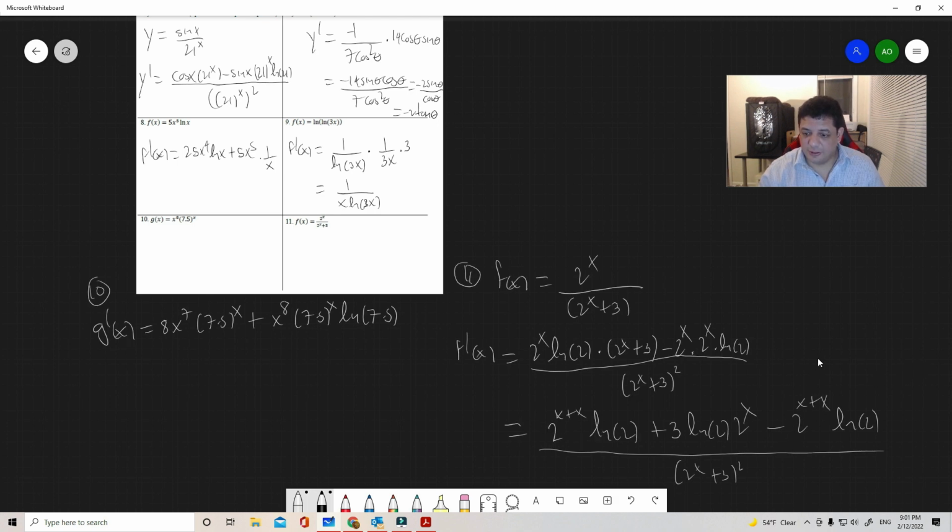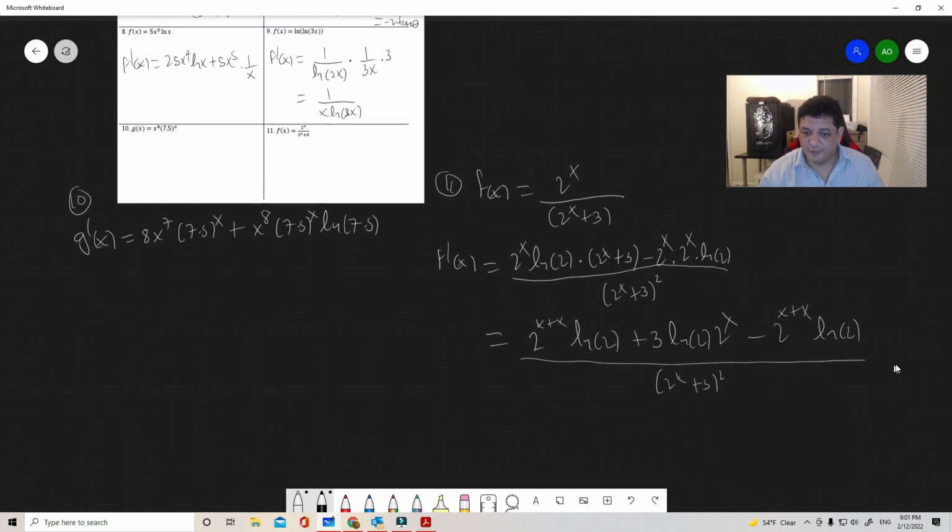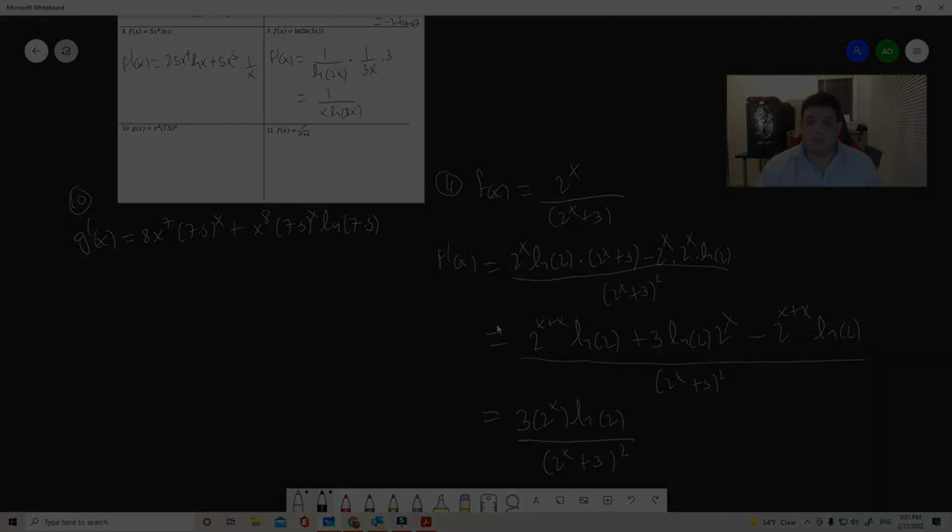Notice that this is essentially the same thing as this, so we actually get to cancel that. This can be represented in two ways, 2 to the 2x or 4 to the x, whatever fits better. But essentially I get to cancel this and this since they're the same thing. And so this is 3 times 2 to the x log of 2 over 2 to the x plus 3 squared. Okay, and with this we finish this section.